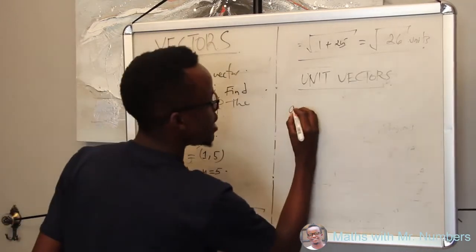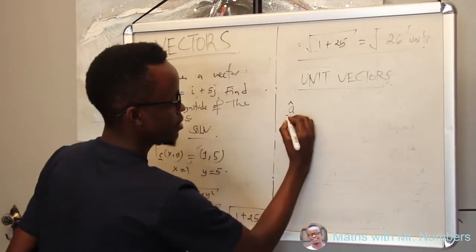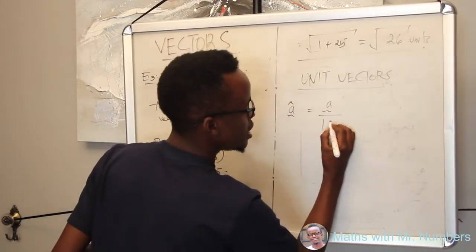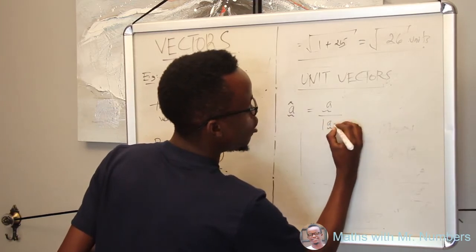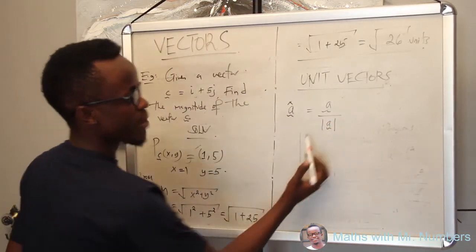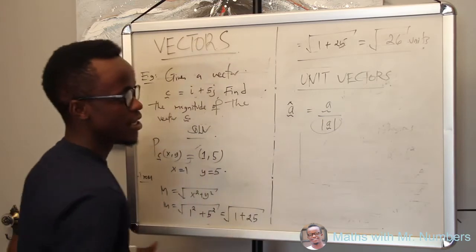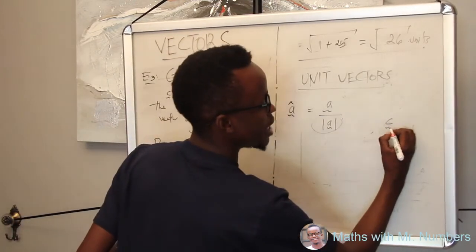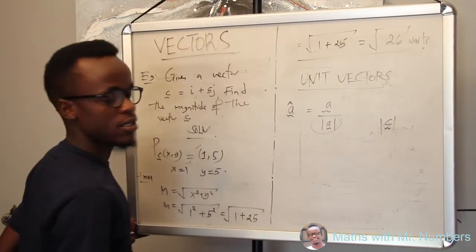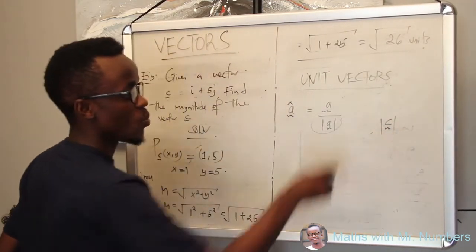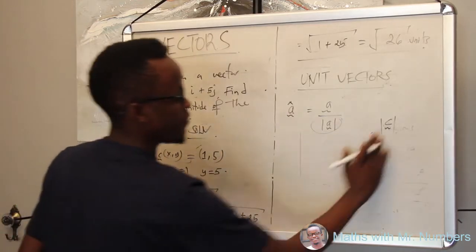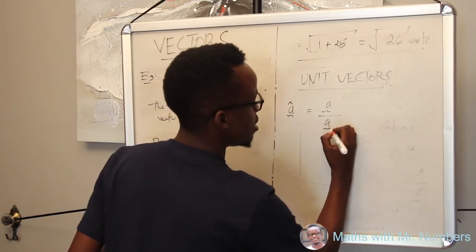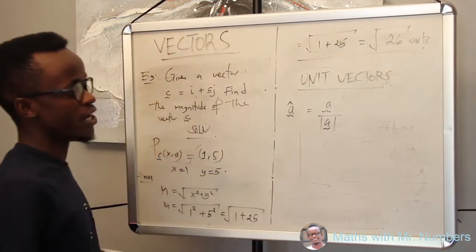That means the unit vector of A equals vector A divided by the magnitude of vector A. Sometimes magnitude is denoted in this kind of way: to find the magnitude of vector C, you may write it with two absolute lines with the vector within the two lines.